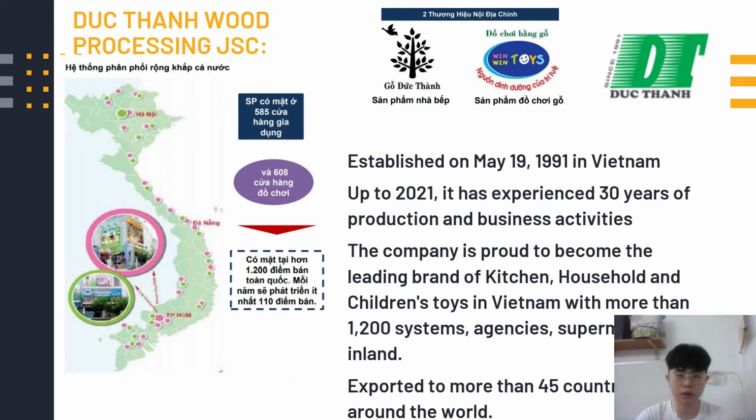The company is proud to be a leading brand of kitchen, household, and children's toys from wood in Vietnam, with more than 1,200 systems, agencies, and supermarkets all over the country. They have also exported to more than 45 countries around the world.